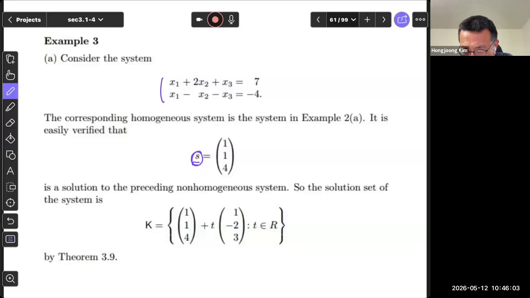Then the solution set can be written in this form. Note that K sub H, the solutions to the homogeneous problem, was constructed a moment ago. So for each vector in K sub H, if I add this S, then you get K, all the solutions.